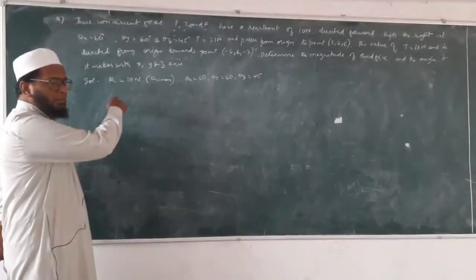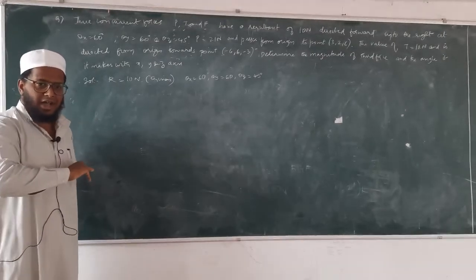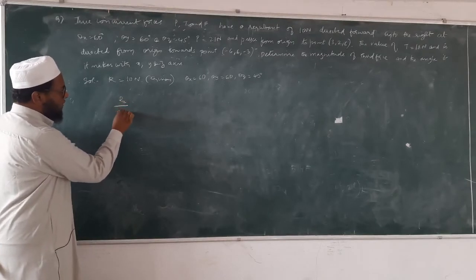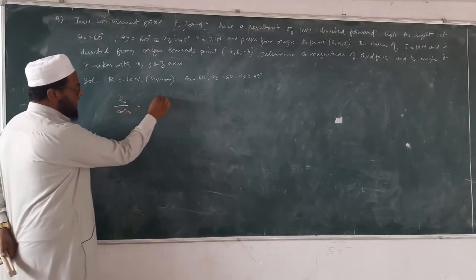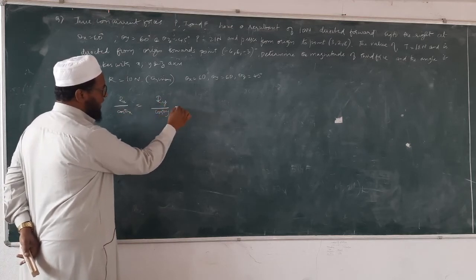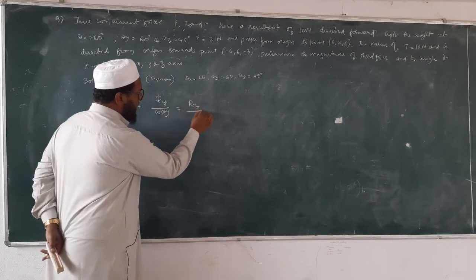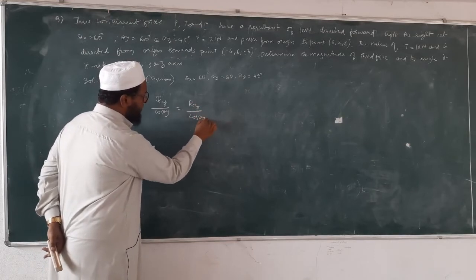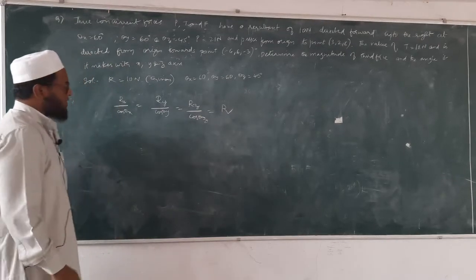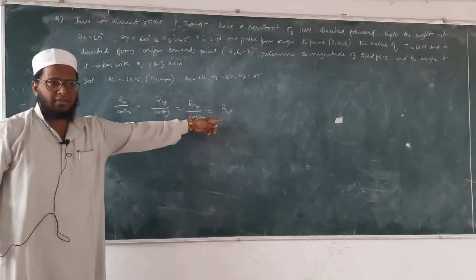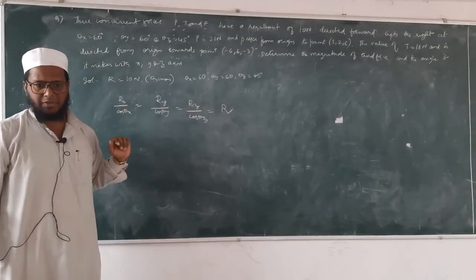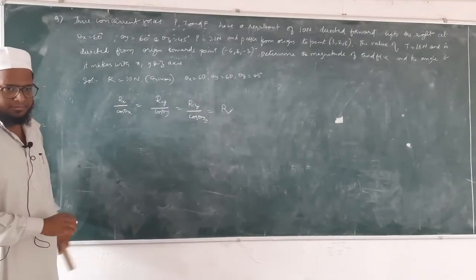The same thing we'll do here, but the force is R. So Rx by cos theta x is equal to Ry by cos theta y is equal to Rz by cos theta z is equal to R. With the help of this formula, we can calculate our components x, y and z. Shall I calculate? Yes.